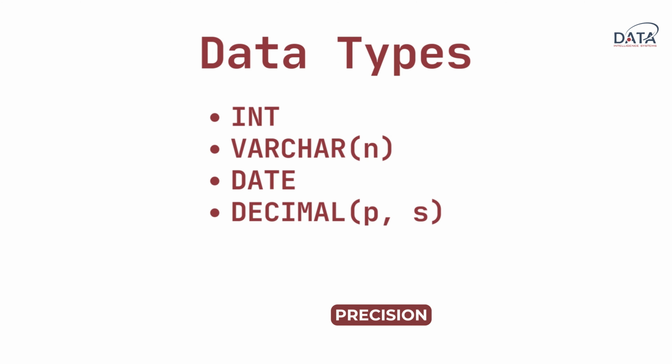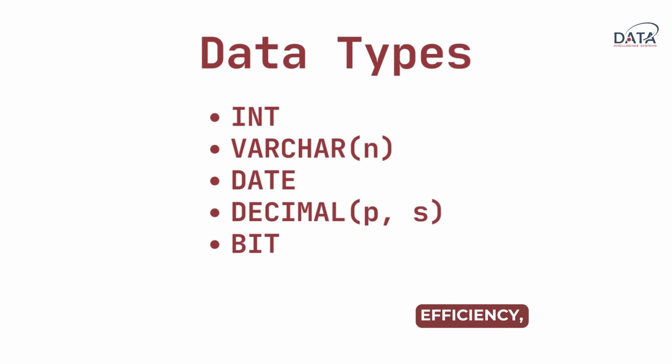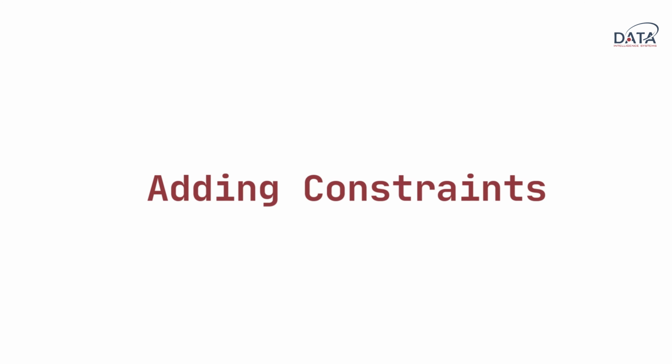DECIMAL with precision and scale is ideal for financial data. And BIT for Boolean values, which are 1 or 0. Choosing the correct data type not only improves storage efficiency, but also enhances performance. Always consider your data's range and format when selecting types.